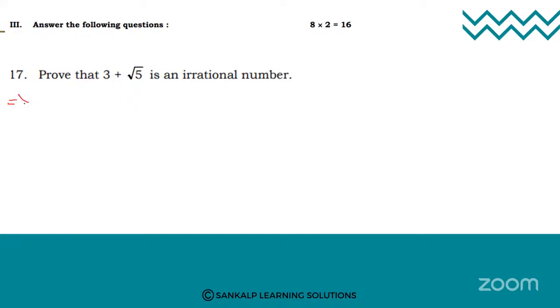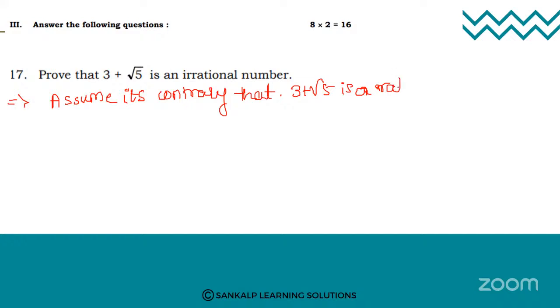First what we need to do here, assume its contrary. We know root 5 is an irrational number, but we assume that 3 plus root 5 is a rational number.